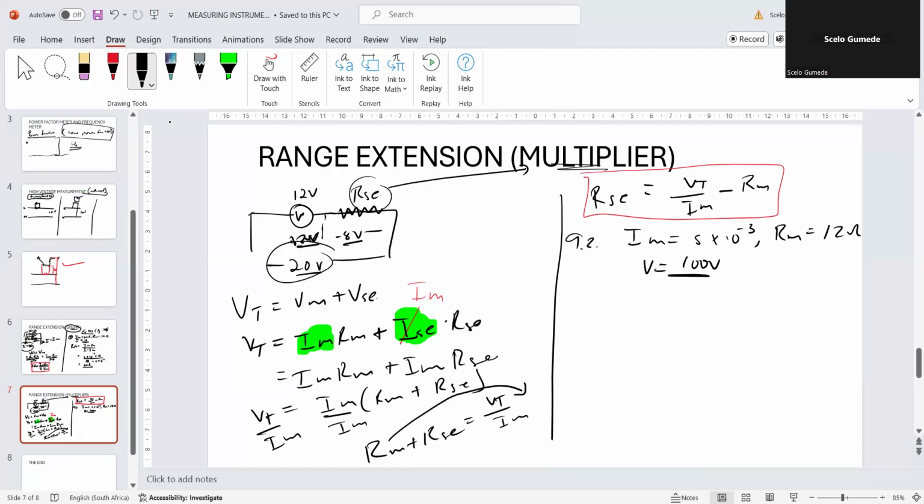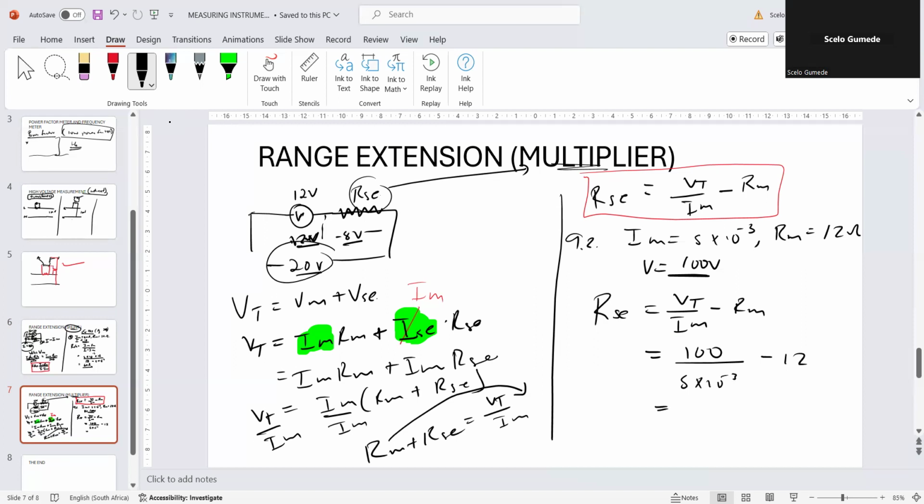We want this thing to measure 100 volts, so we want to find the R series. So my R series will be VT over IM minus RM, which is 100 divided by 5 times 10 to the power minus 3, minus RM, which is 12.